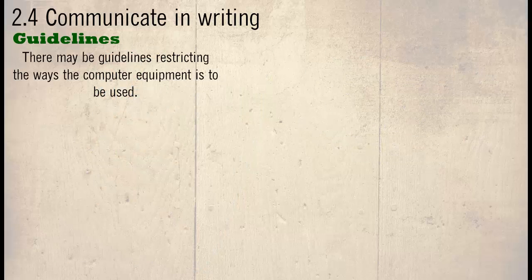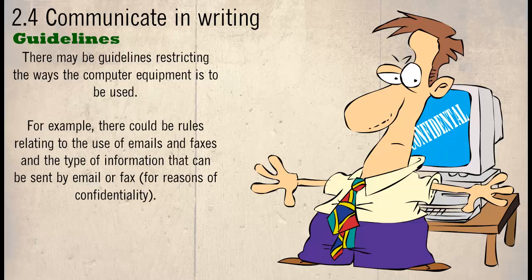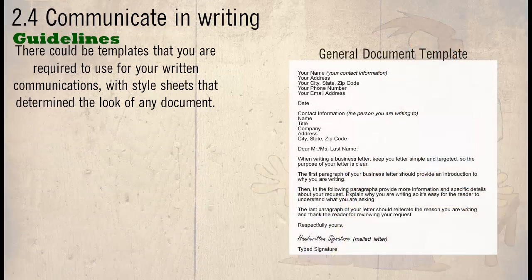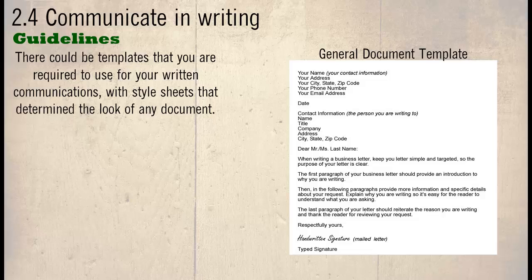There may be guidelines restricting the way the computer equipment is to be used. For example, there could be rules relating to the use of emails and faxes and the type of information that can be sent by email or fax, for reasons of confidentiality. There could be templates that you are required to use for your written communications, with style sheets that determine the look of any document.